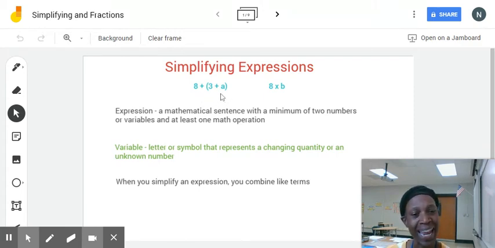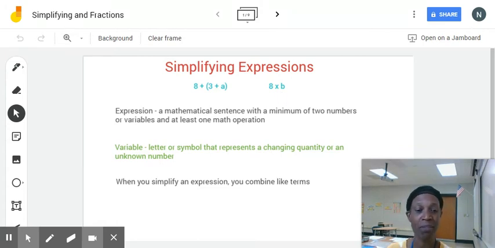We don't really know what a stands for, but we know that it stands for something, so that makes it a variable. In this expression, we have 8 times b. We're not really sure what b stands for, but we know it stands for something. It represents some quantity, and that's why b is a variable in this expression.